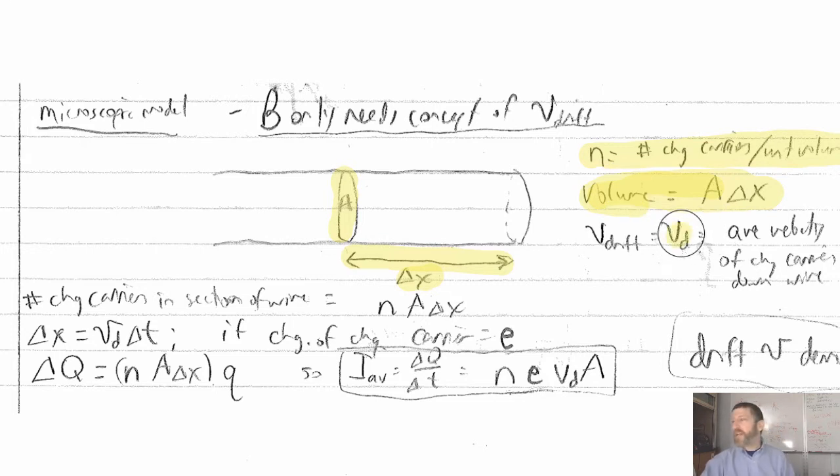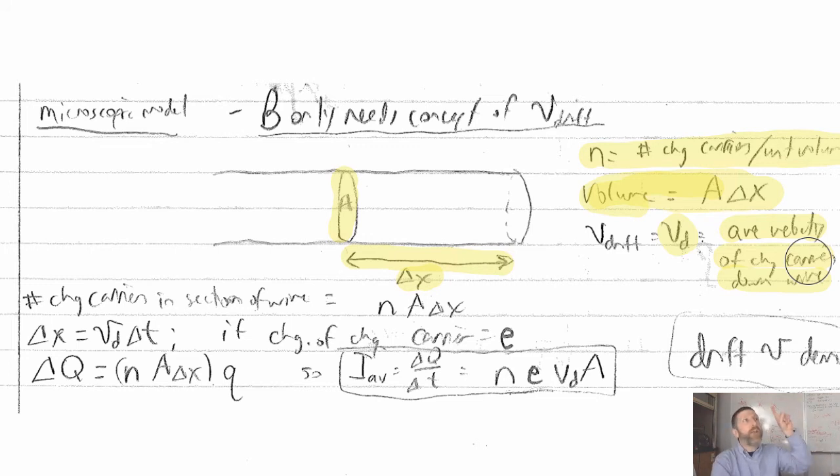Drift velocity, which we call V sub D, is the average velocity of charge carriers that go down a wire. Now, I'm going to give you three choices, and I want you to guess which would be in a common 12-volt circuit that you might find in your car.